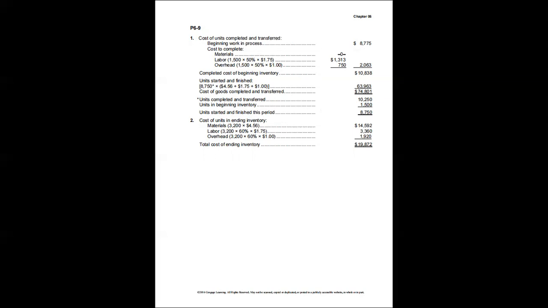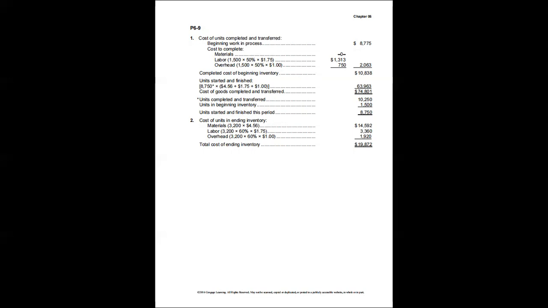At the beginning of the month, 1,500 pounds were in process, 100% complete as to materials and 50% complete as to labor and overhead. The beginning inventory is at the cost of 8,775.